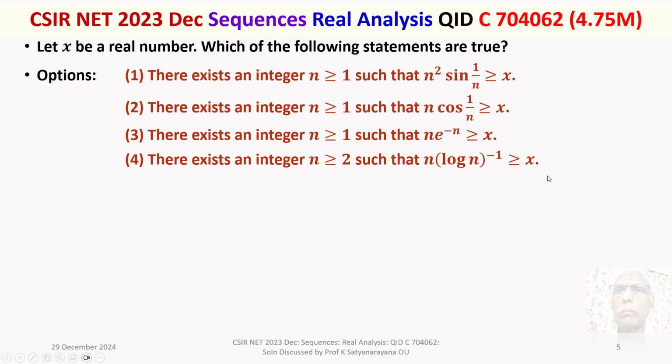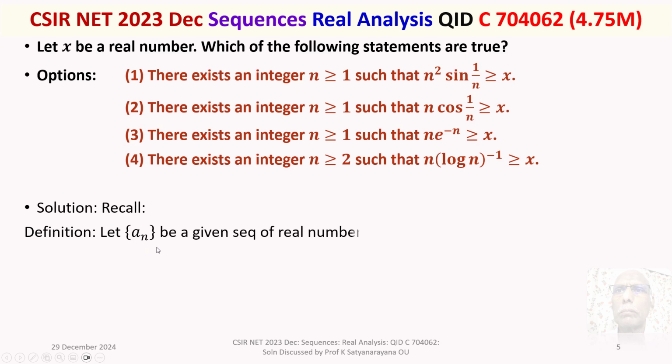Let's now discuss the solution of the problem in detail. We recall the definition of a divergent sequence diverging to plus infinity. Let an be a given sequence of real numbers.